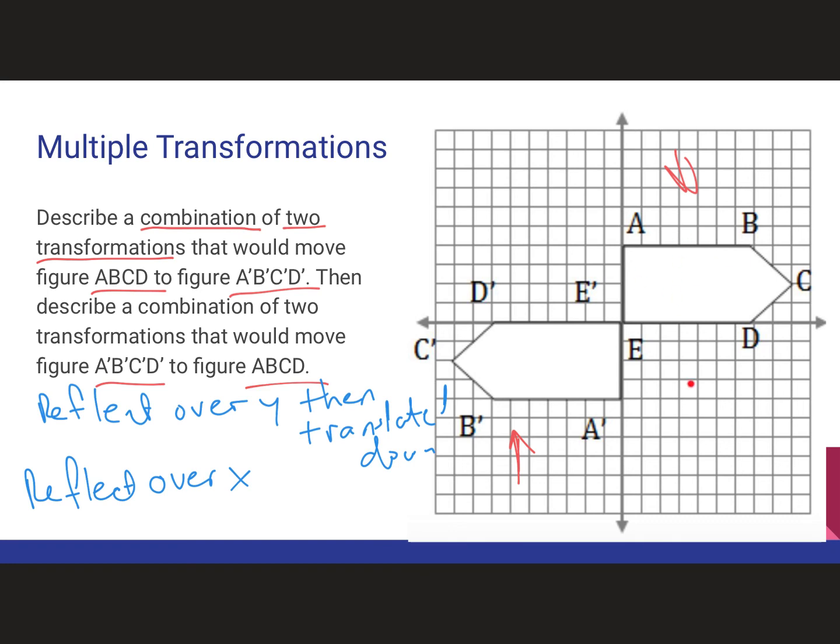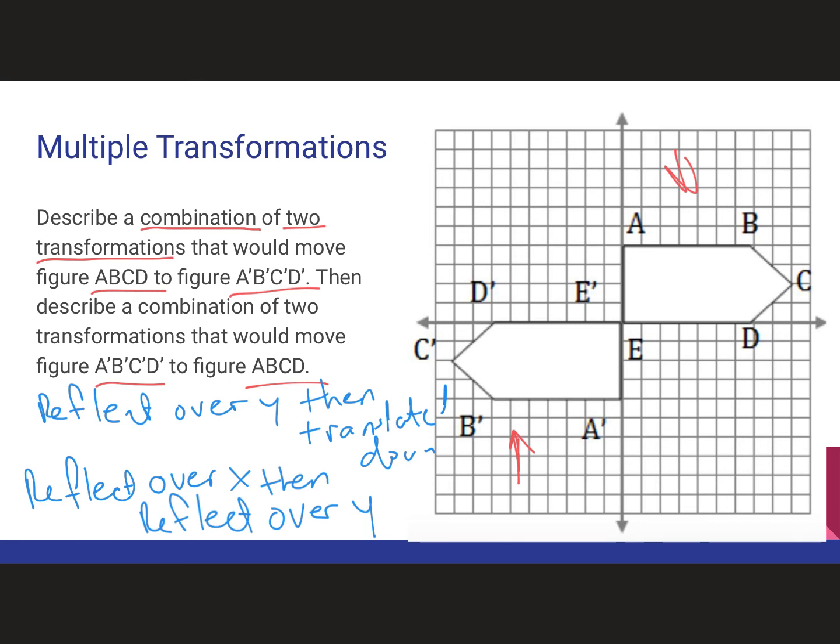It would just move it down. And then reflect over the y. That would do it. Okay, so that gets me from ABCDE to the image of ABCDE.